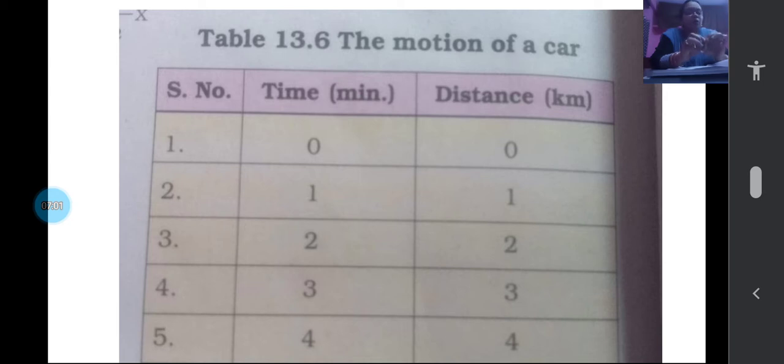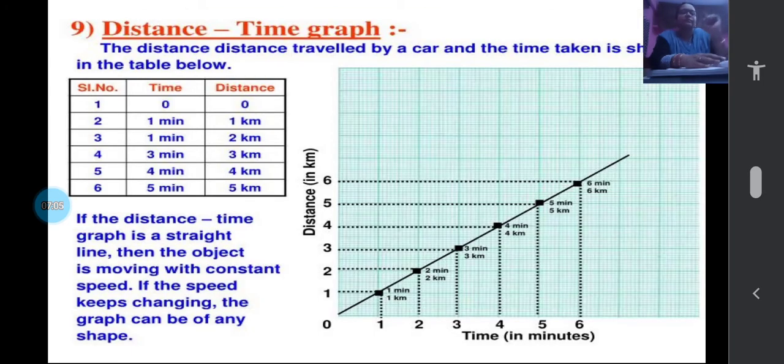Before plotting the graph, we need the scale. You will write the scale in the right side corner, children: 1 centimeter on each square in the x-axis is equal to 1 minute, and 1 centimeter in the y-axis is equal to 1 kilometer. You have to write that.